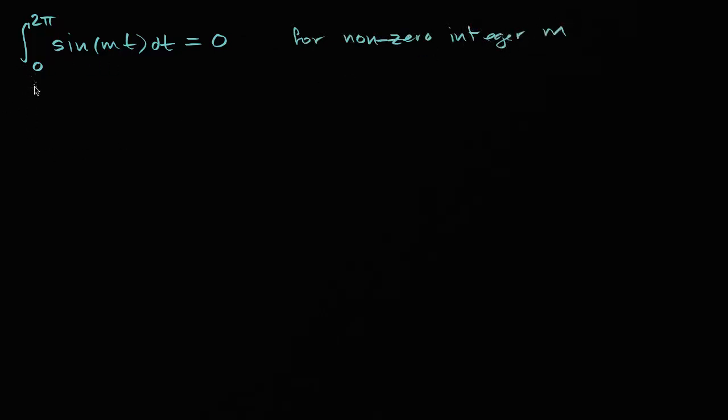And I also want to establish that the integral from 0 to 2 pi of cosine of mt dt is equal to 0 for any non-zero integer m.